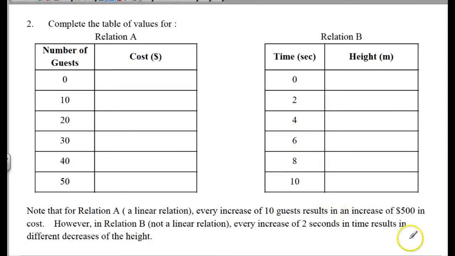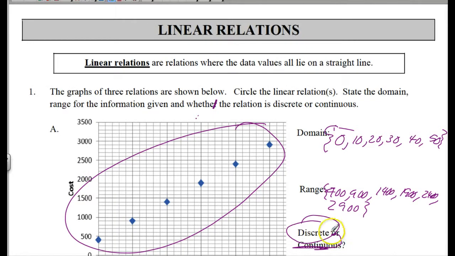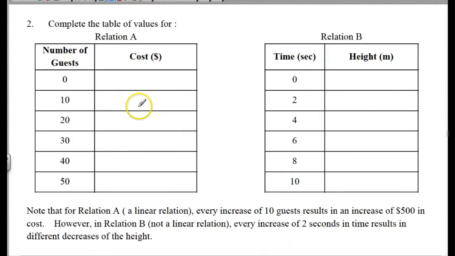Put pen down. Complete the table of values for relation A. Number of guests and cost. We better go back here. So that was $400, and so 0 guests was $400, and then 900, and so on.